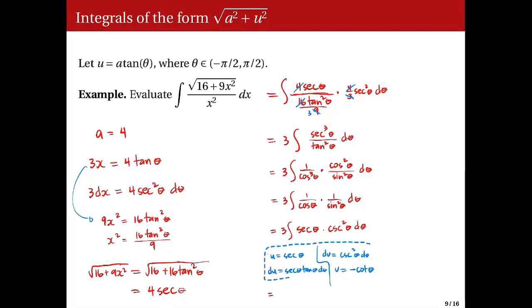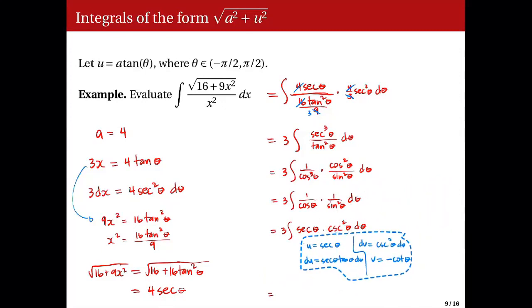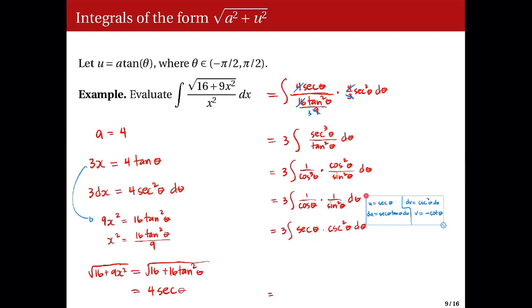So we have 3 quantity uv, so you will have negative secant theta cotangent theta minus integral of v du.